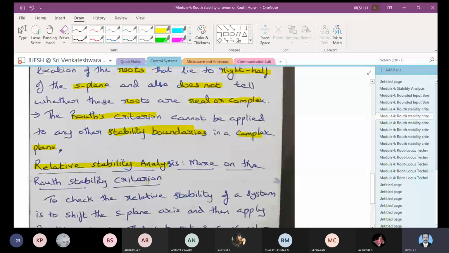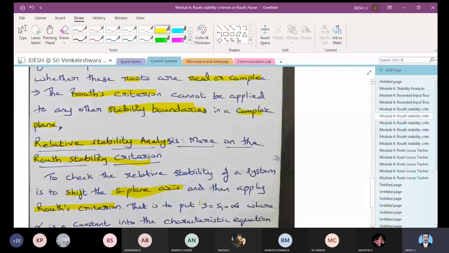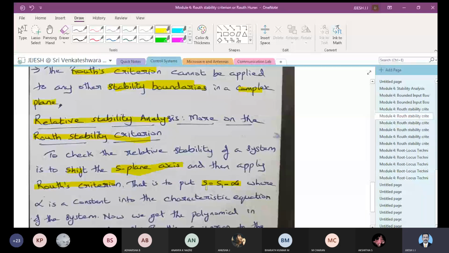This is done by putting S is equal to S1 minus alpha, where alpha is a constant, into the characteristic equation. So to check the stability of a system, we shift the S-plane axis and then apply the roots criteria.